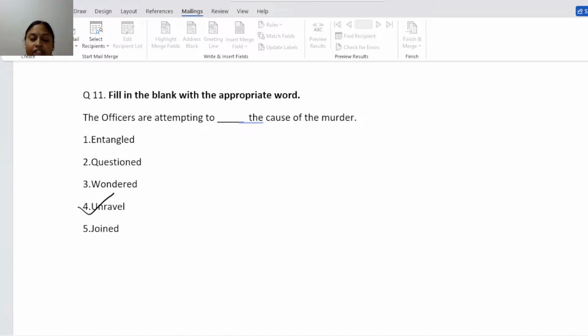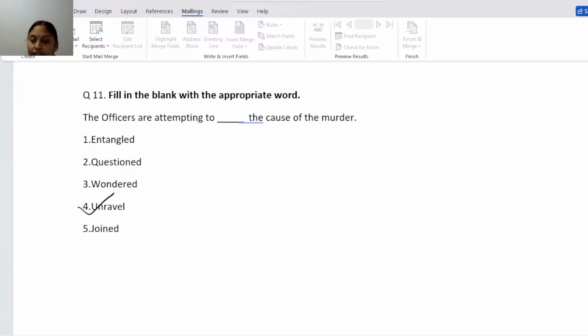Investigating or solving something which is mysterious. That is the meaning of unravel. So here unravel means investigating something mysterious, trying to solve a problem which is mysterious, where they didn't get the conclusion about it.